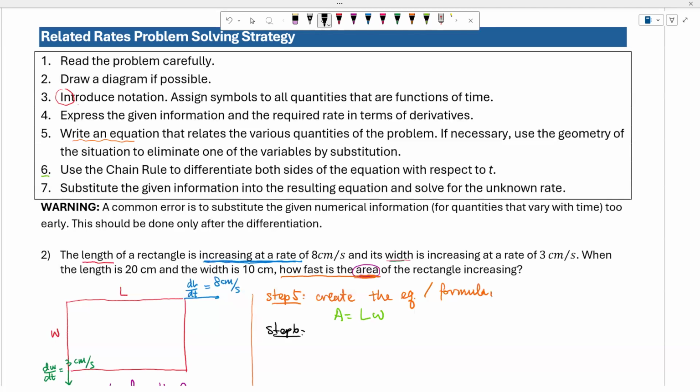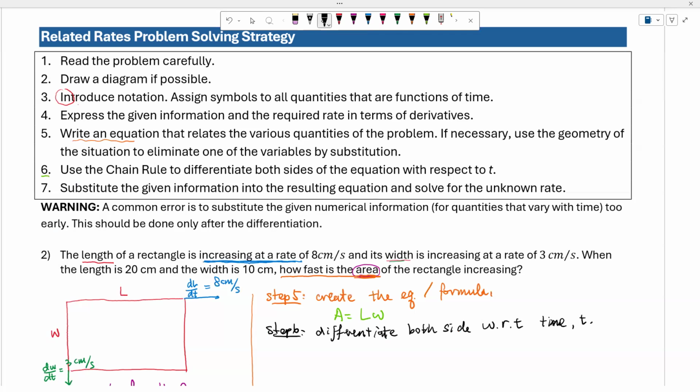In step 6, we would like to differentiate both sides with respect to time, which is t.